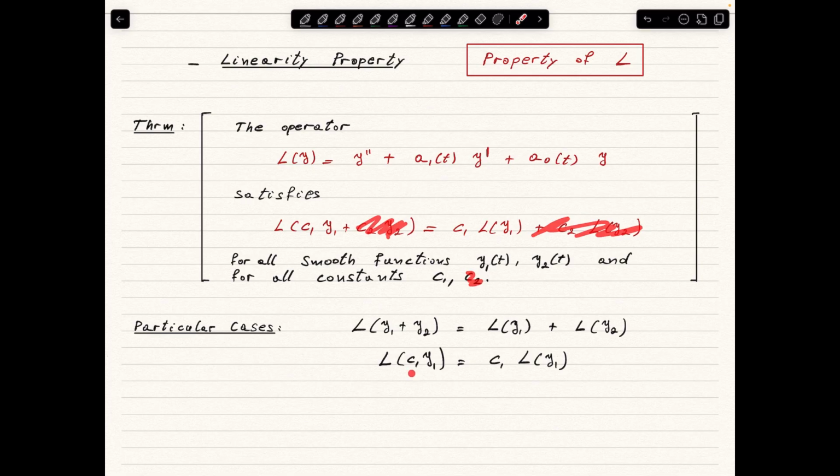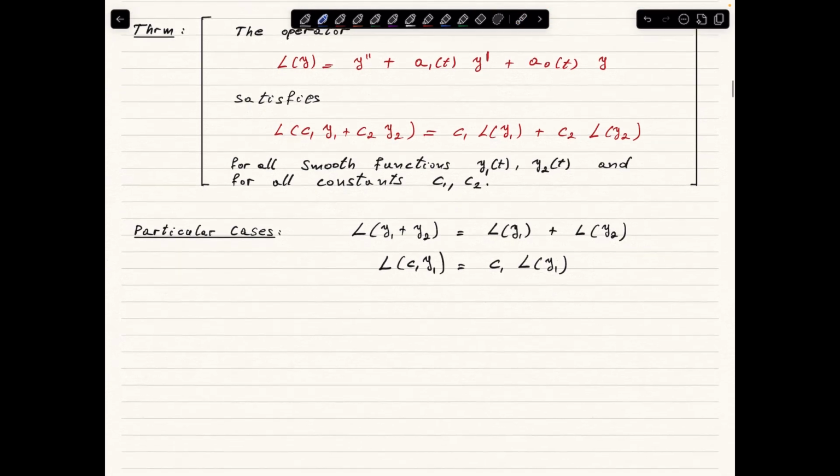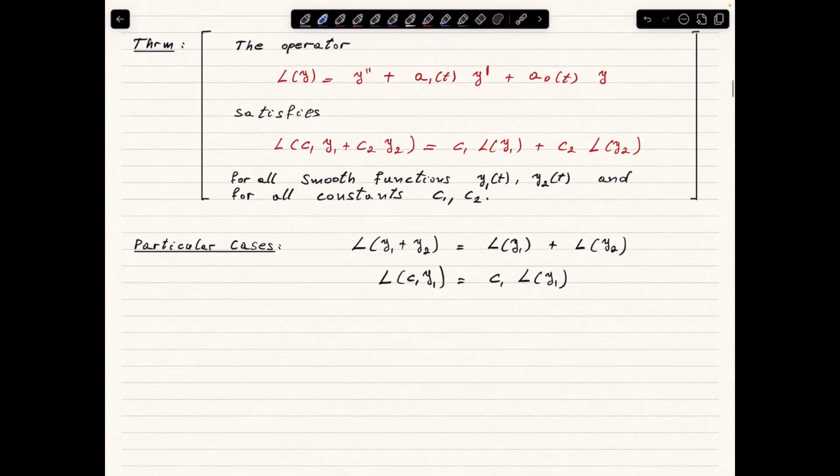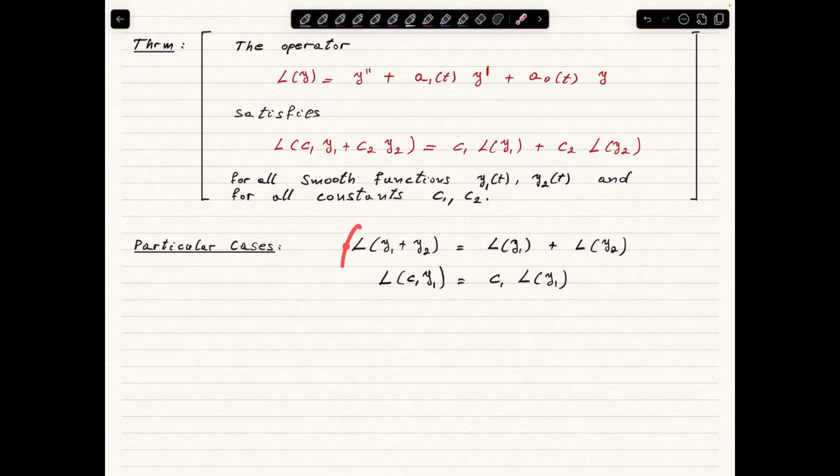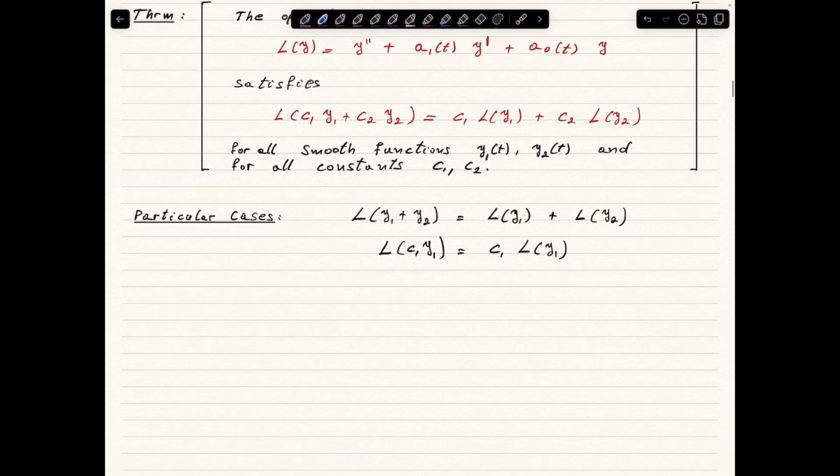So if you have a constant multiplied by a function, recall y1 is a function, the constant goes outside of the operator. These are particular cases of this statement. And the proof is not difficult. The proof uses the fact that these two properties are satisfied by the derivatives, and that this is linear. So let's see the proof.